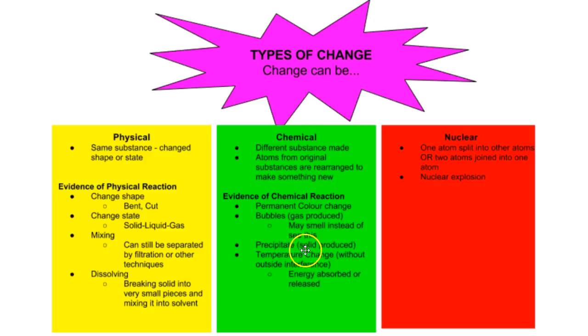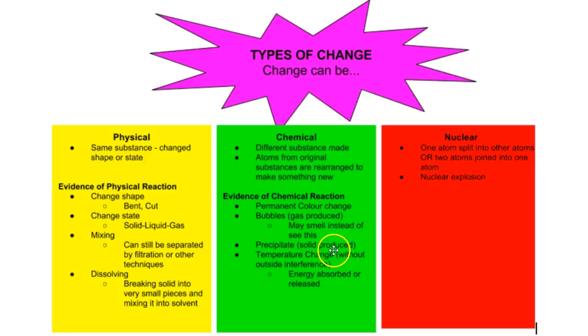Now this is where you produce a solid from usually two liquids that were before. So when you mix two substances that were liquids and the new substance that they rearrange and make is actually a solid instead of a liquid, you'll see a solid drop out of the solution and fall to the bottom of the test tube or whatever you're mixing things in. Another very clear indication is a temperature change without you actually doing anything.